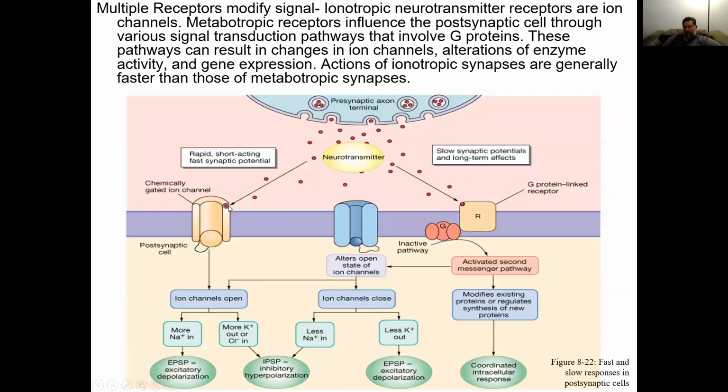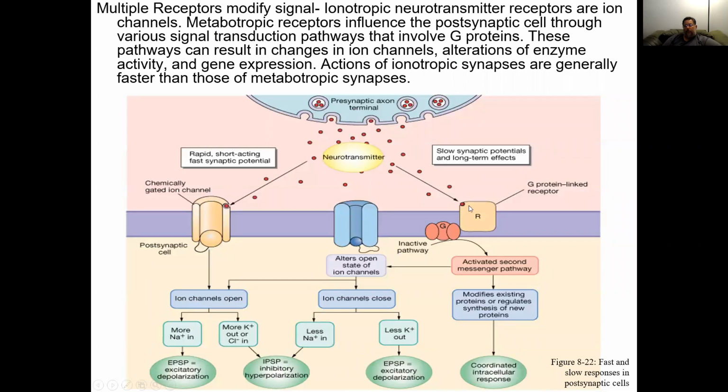It will attach to the receptor, and then this receptor door will open and sodium will come in, and then we'll have an excitatory depolarization. So again, this would be what we call an ionotropic receptor.